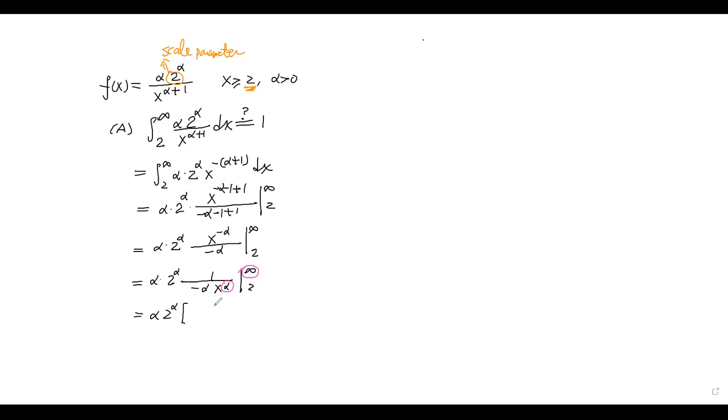Then you minus the value at the lower bound. There is a negative sign here, so minus becomes positive. Then you put in 2.